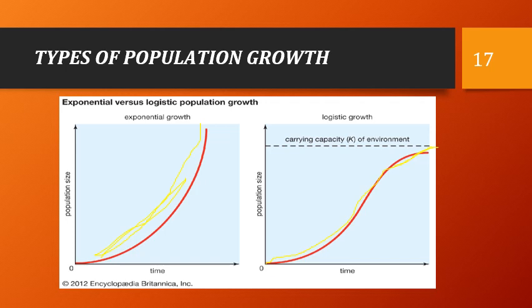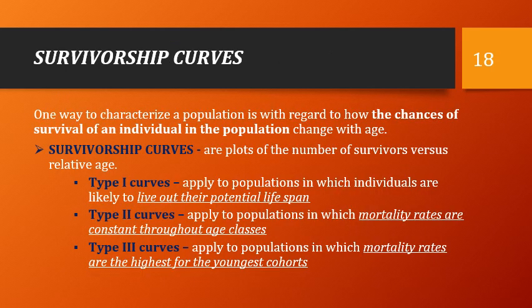It is governed by some other factors such as the physical environment, as well as the chemical elements that could actually affect the population growth. Okay, so we also have here the survivorship curves.